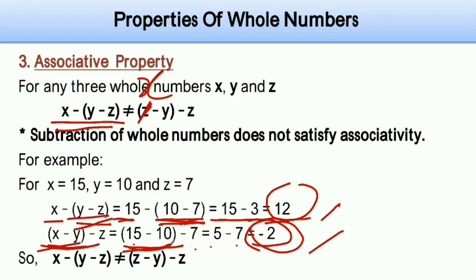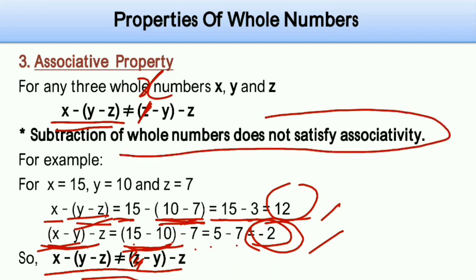So we will say that x minus (y minus z) is not equal to (x minus y) minus z. This is not equal. So we will say that subtraction of whole numbers does not satisfy associativity, it is not associative.